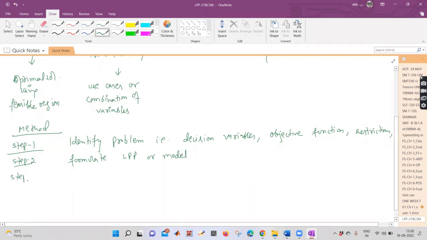Once you have done this, then we plot the graph for all constraints. Then identify the feasible region.